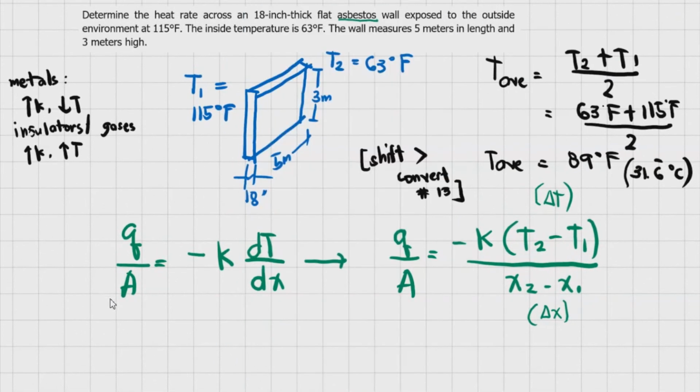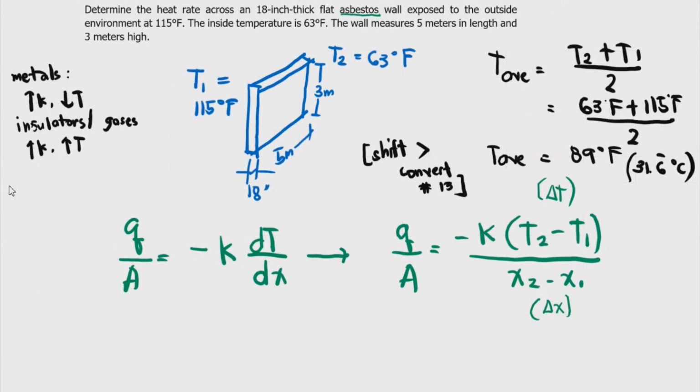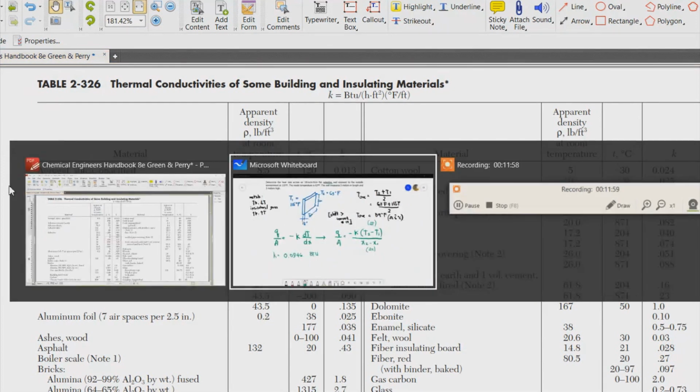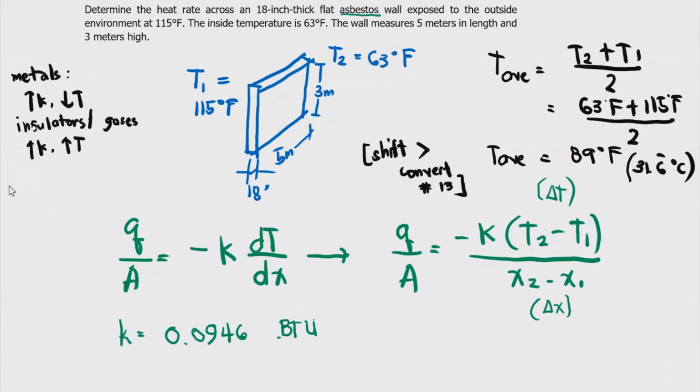So our K is equal to 0.0946, and then our unit is British thermal unit per hour feet squared multiplied with degree Fahrenheit per feet. Okay, so that is BTU per hour feet degree Fahrenheit.